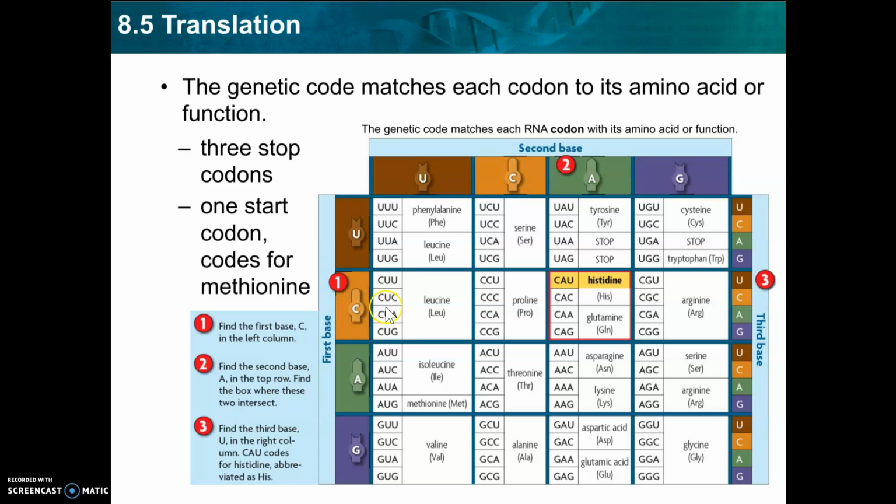Next, we are going to come over here to where the A is and place our mouse here because it matches up there. And finally, we will look for U. So U is up here, and that leads us to CAU, coding for histidine, abbreviated as HIS.